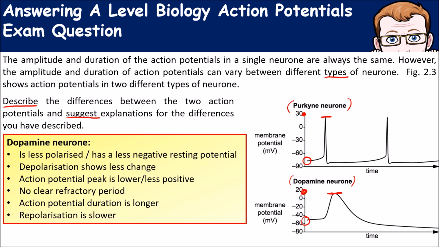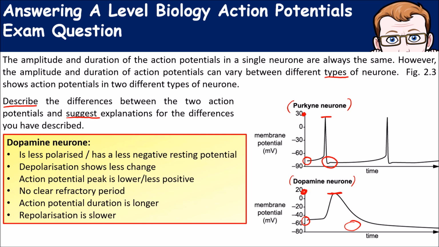There's no clear refractory period, so you can see here you've got your refractory period in your Purkinje fibre, whereas that's where it would be. There's no clear refractory period. So the action potential lasts a lot longer, right?